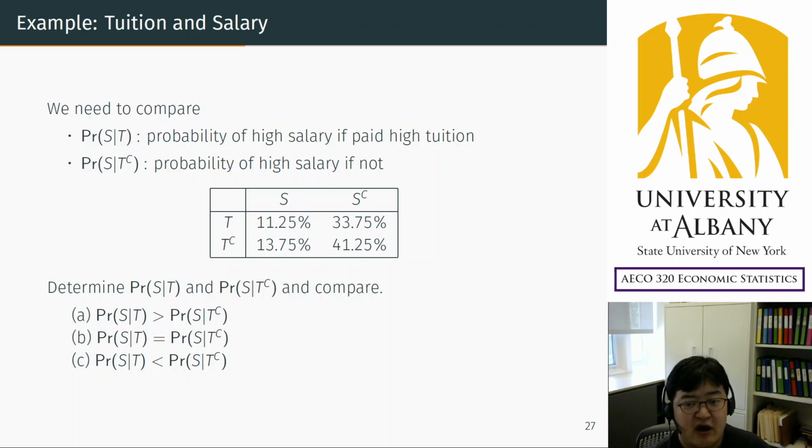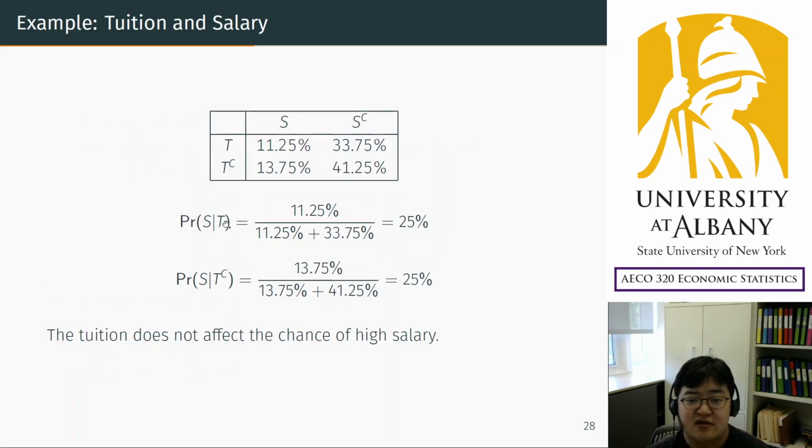And if you have calculated those two conditional probabilities, you must have realized that they are the same. The answer is B. B is the answer because the probability of S given T is based on the first row, because only the first row satisfies the condition T. Out of the first row, 11.25% earns high salary.